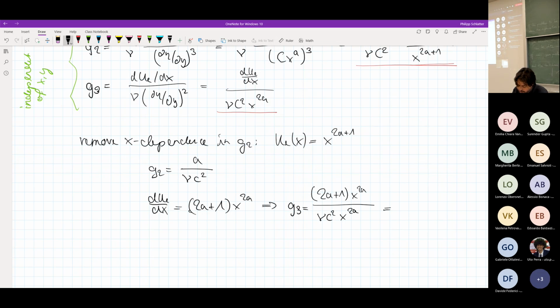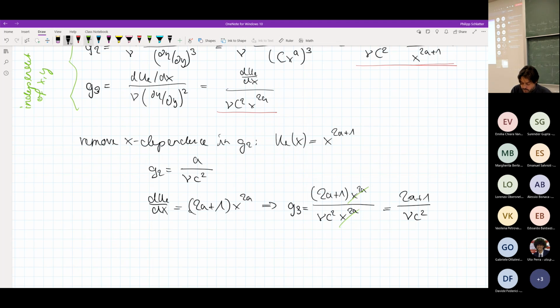And of course, this is something that falls out, which is good. So I get as a result 2a plus 1 divided by mu c squared. That's now my G3. And again, I can see this has become independent of x and y.